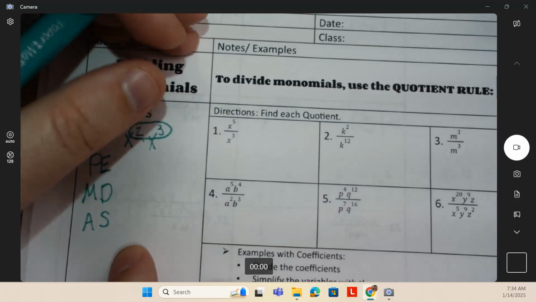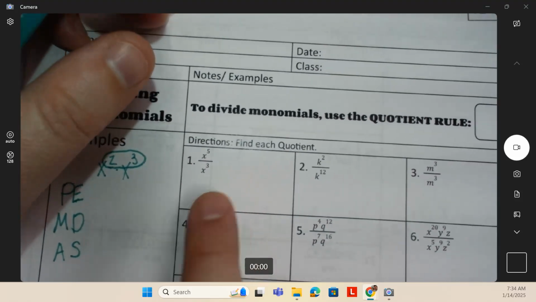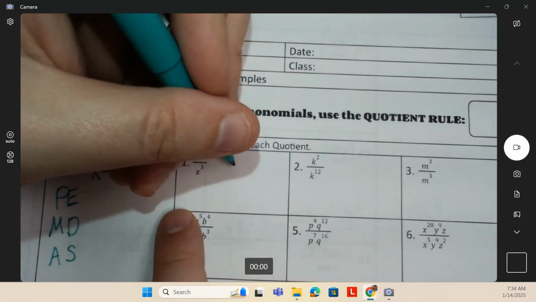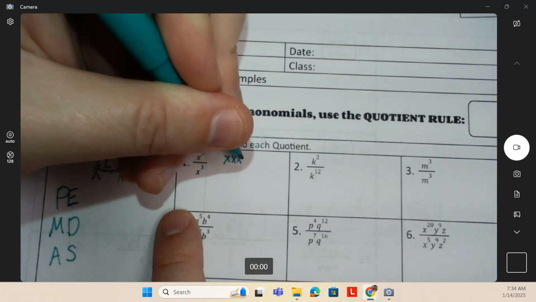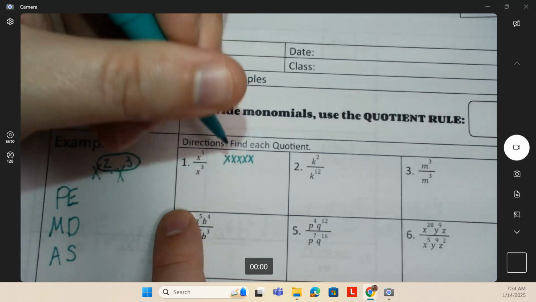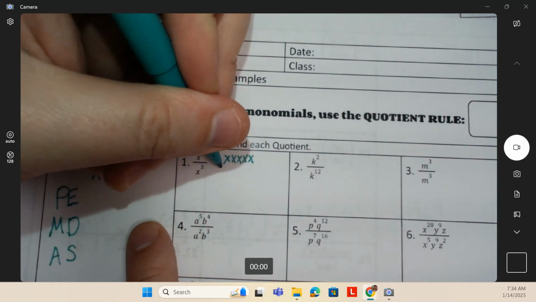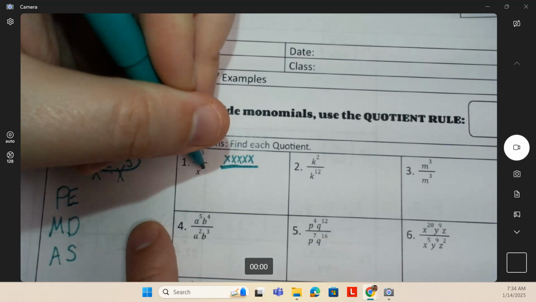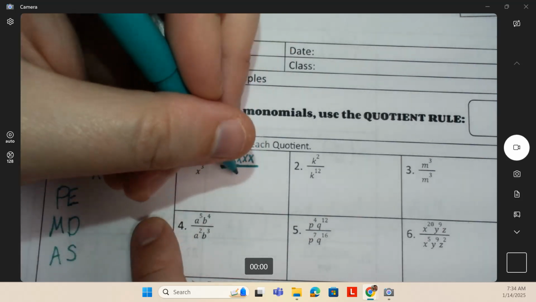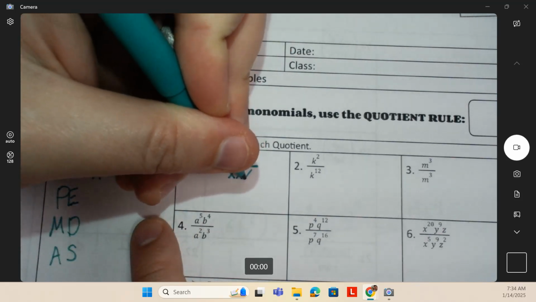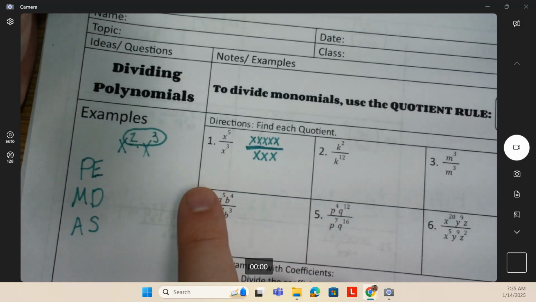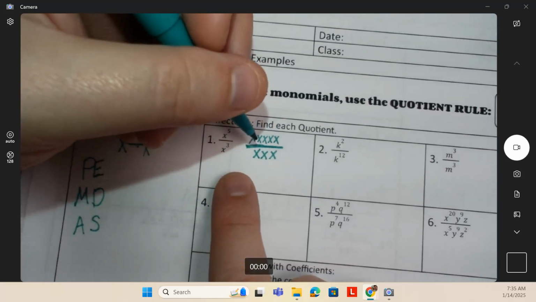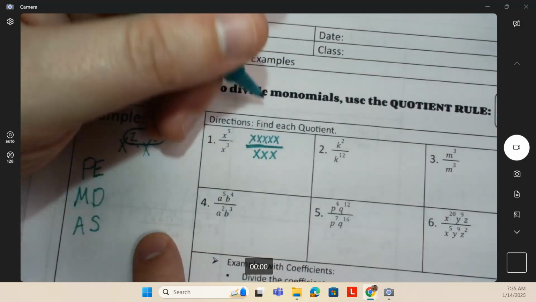And the way that works is, here for instance, on number 1, I have x to the 5th, which means I've got x times x times x times x times x, 5 times, up on the top, and on the bottom I have x to the 3rd. If we know anything about our fractions, anything that I have in common on top and bottom will cancel out.